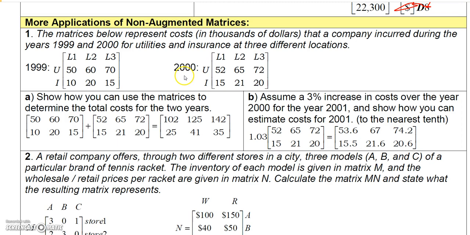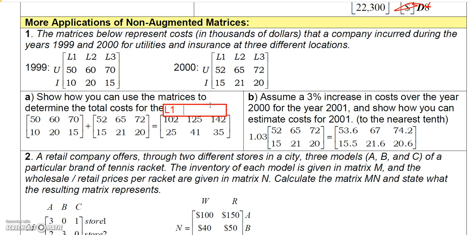And then if you wanted to know the total costs for those 2 years, you would simply add the 2 matrices together, and you would get these total costs. So now the first column would represent location 1.